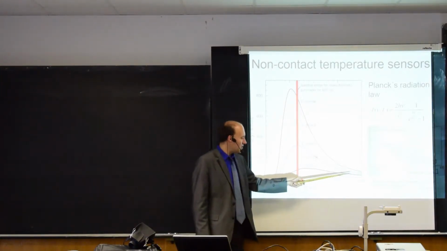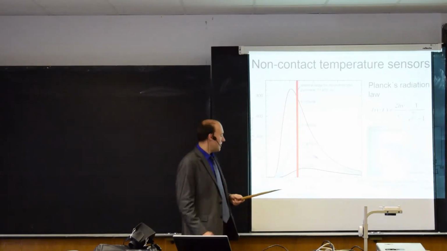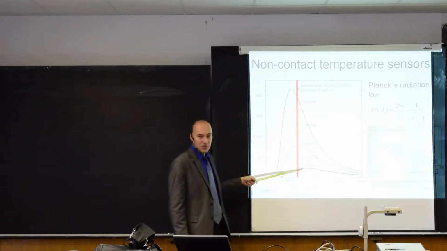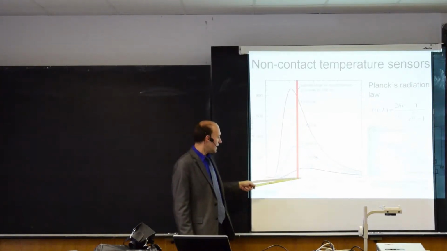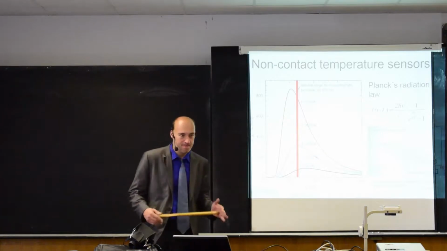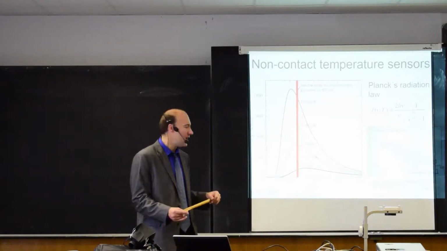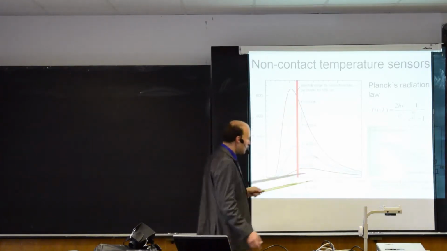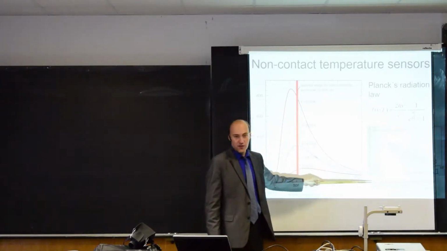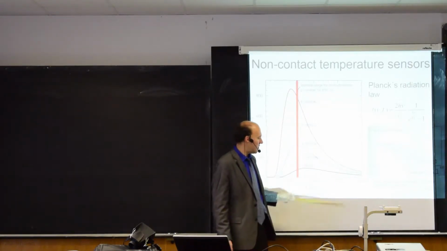And only as the objects are getting hotter and hotter, we see the glow with our own eyes, because this gets into the visible wavelength. That's what we see. If we want to measure the temperature of objects that are in the range of 300, 400 kelvins, then we need to work in the far infrared range. So it's somewhere around this part behind this chart.